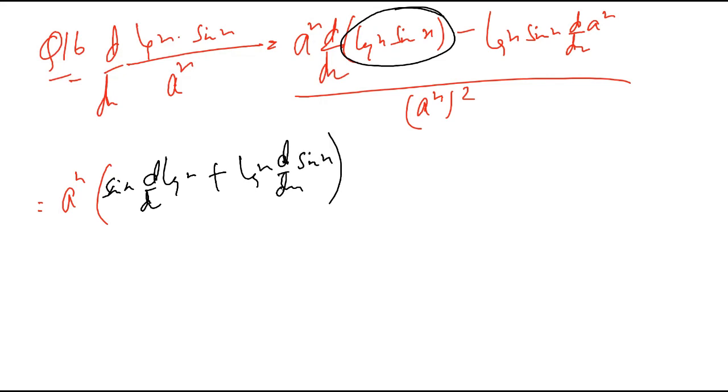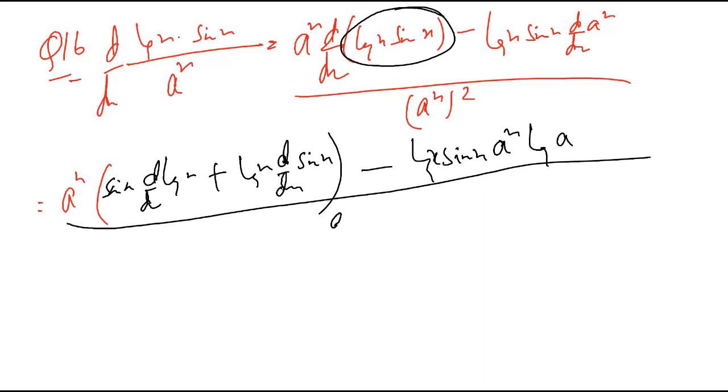Furthermore, this is minus log x sin x, and I'm doing the simplification: the differentiation of a power x is a power x log a. The denominator will go as it is, a power x whole square.